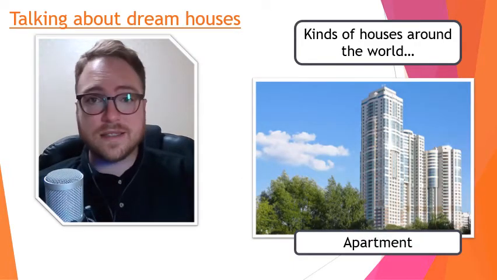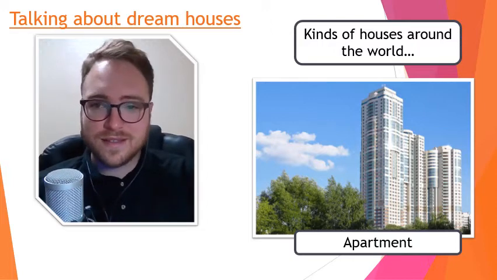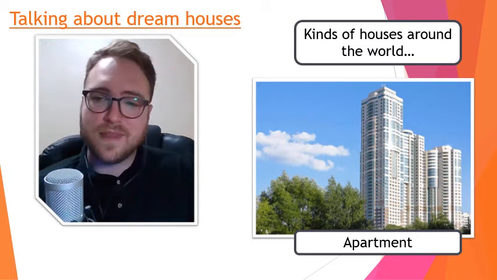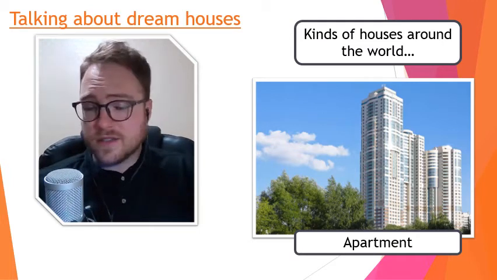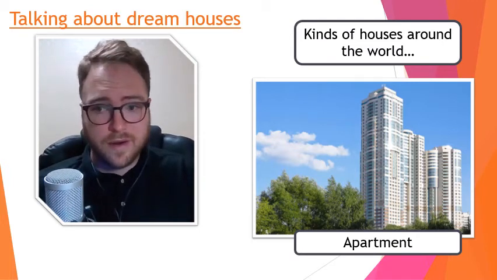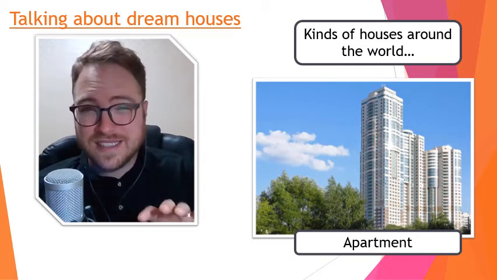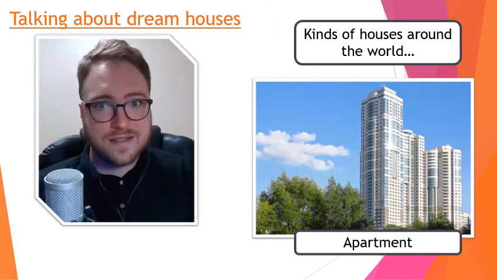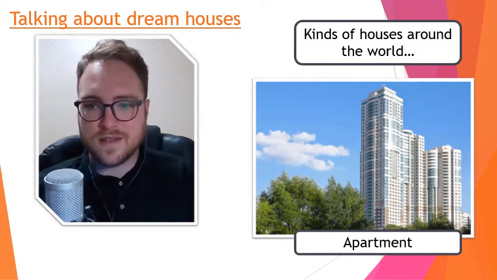Okay, the next place is an apartment. All right, this is very popular in Korea, right? And China. It's also very popular in America, but mostly in cities. Okay, and Korea has many cities, so there's so many different kinds of apartments.